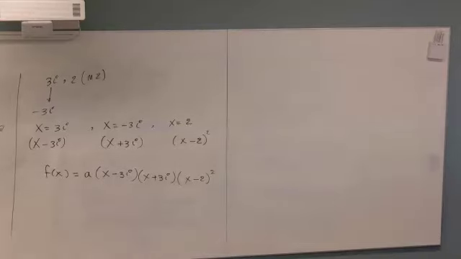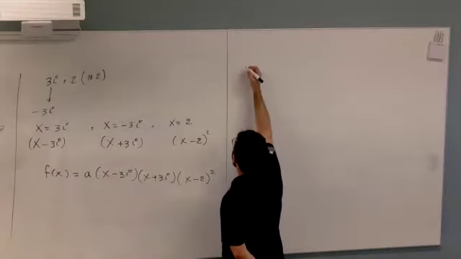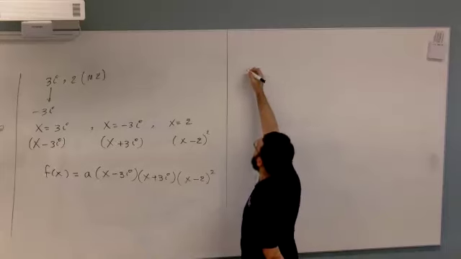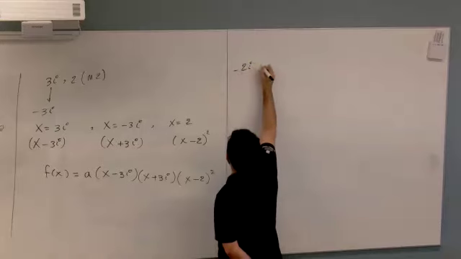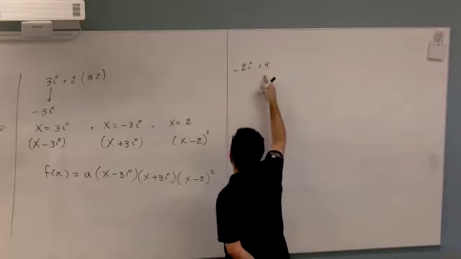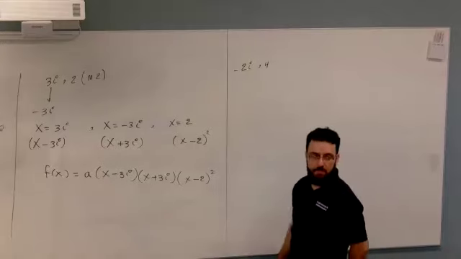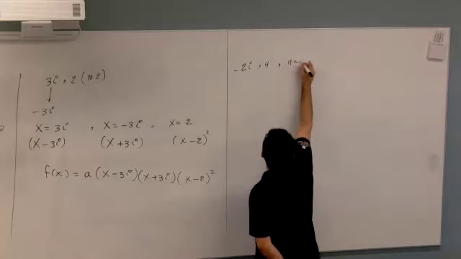Next example. Tell me the zeros. Negative 2i and 4. What else do they give you? Degree 3. So I know the value n equals 3.